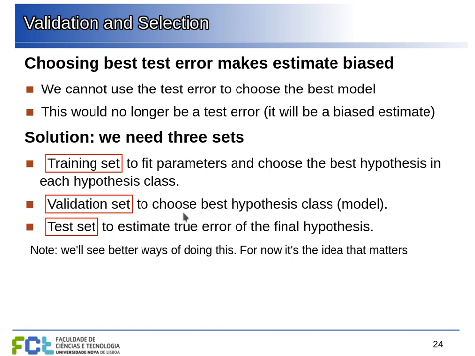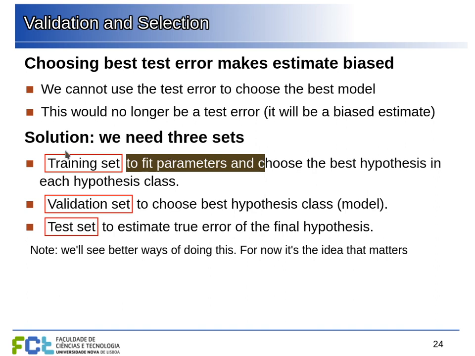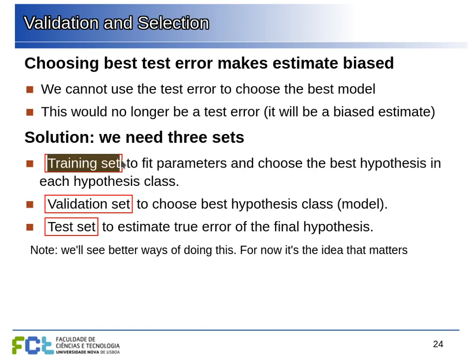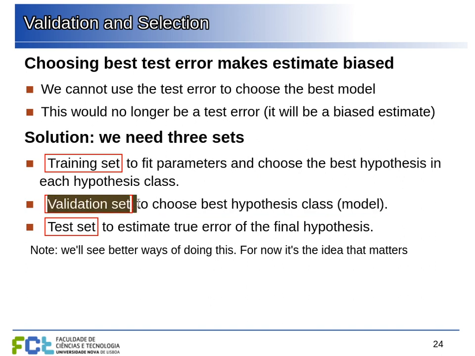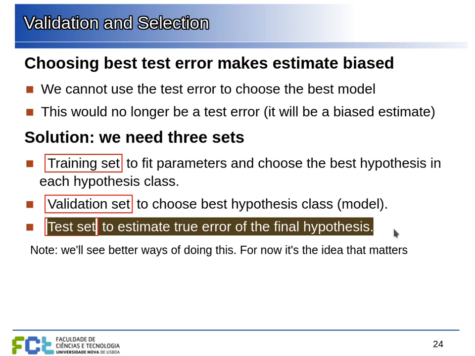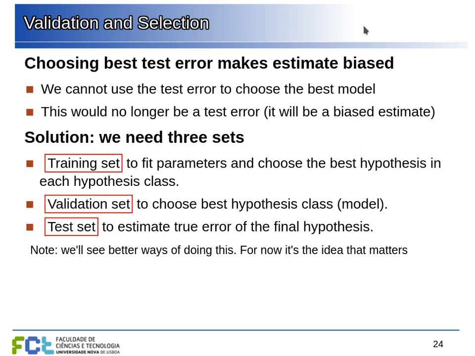Every time that we are making decisions in order to minimize the error, whether to fit the parameters by minimizing the error, which we do on the training set, or to choose between different hypothesis classes or other parameters, which we do on the validation set, our choice biases these estimates, and they'll tend to underestimate the actual error of our hypothesis. For that reason, we need the test set to have an unbiased estimate of the true error at the end.